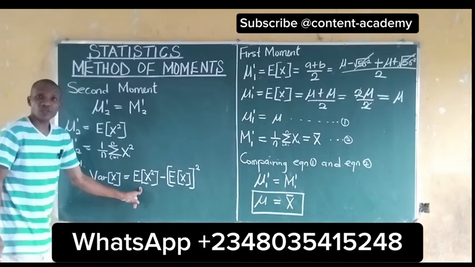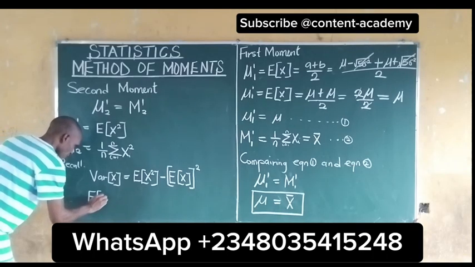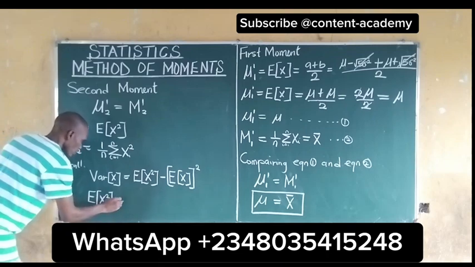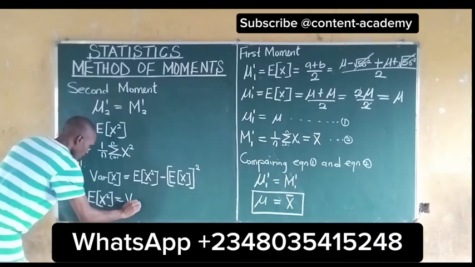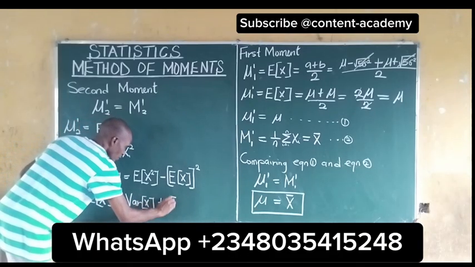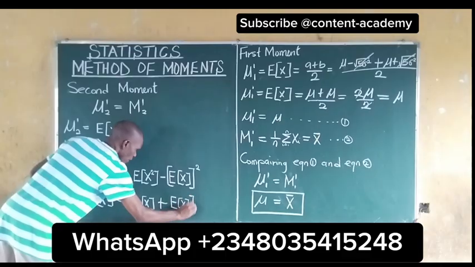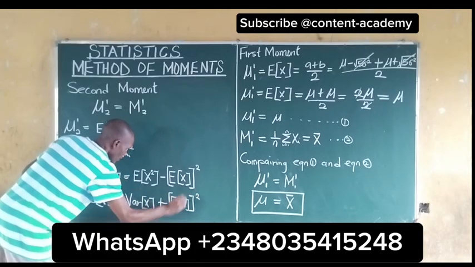Now, if we make this the subject of formula, we'll have our expected value of x squared to be equal to the variance of x plus the expected value of x all squared.